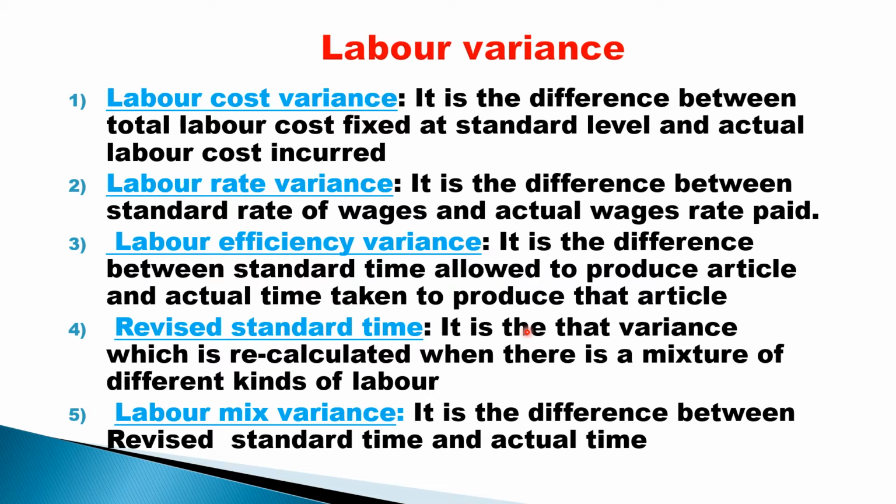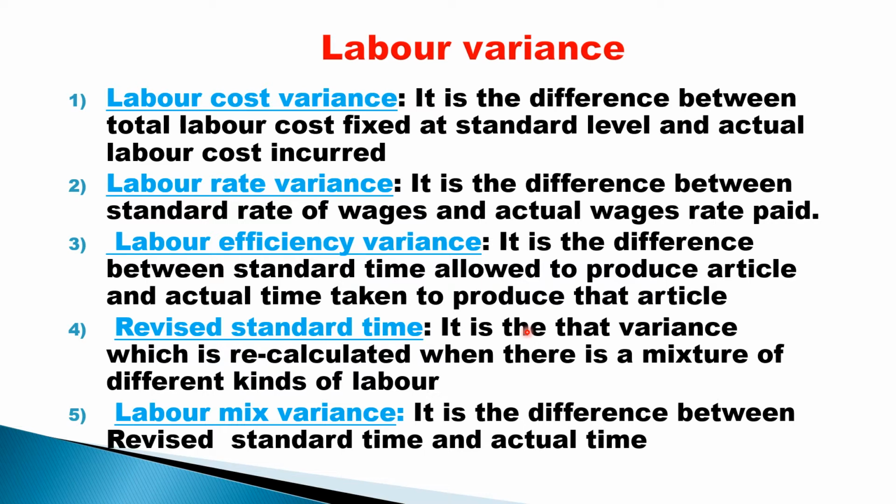As we all know, there are different elements of cost. As we discussed in the 4th semester BCom cost sheet, we have direct material, direct labor, direct expense, prime cost, factory overhead, selling overhead, administration overhead, and so on.